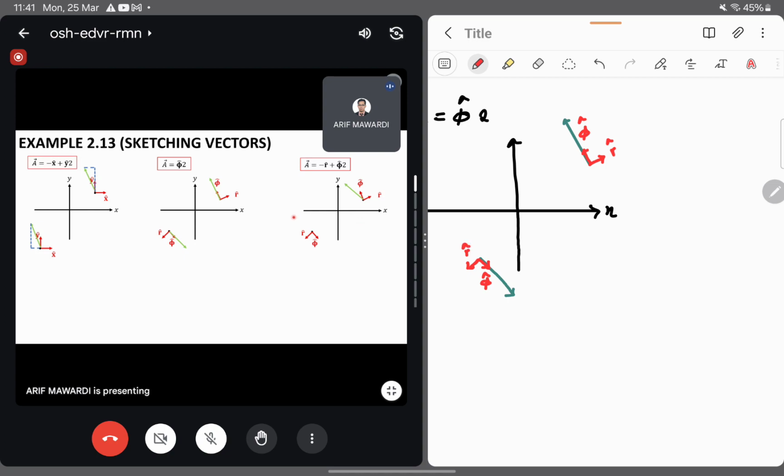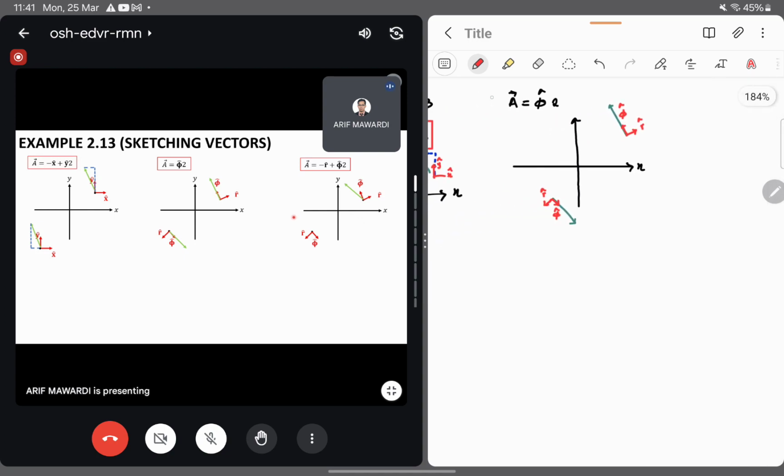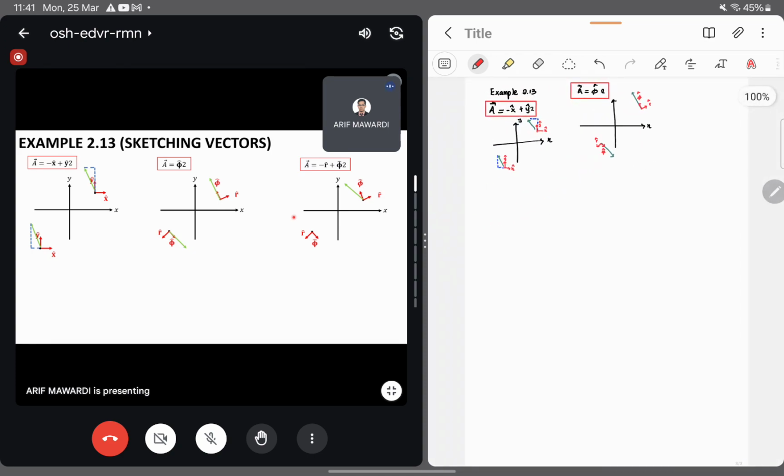Before that, maybe I can say a few words. Even though this may sound obvious to you, students from the previous class made this mistake.